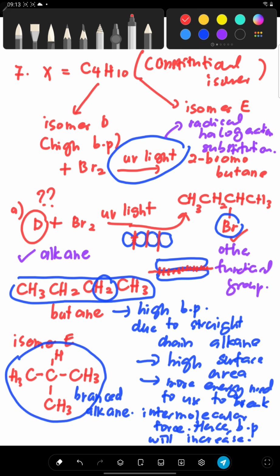So less energy needs to be used to break the bond between these two spheres. So that's why the boiling point is much lower compared to this one. Okay.